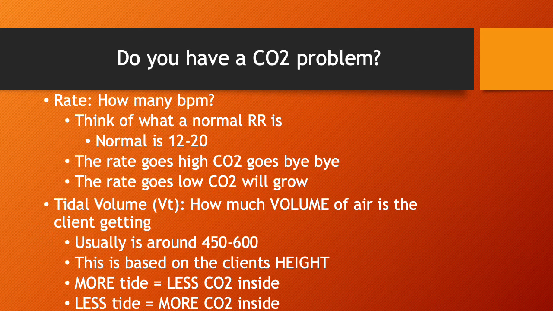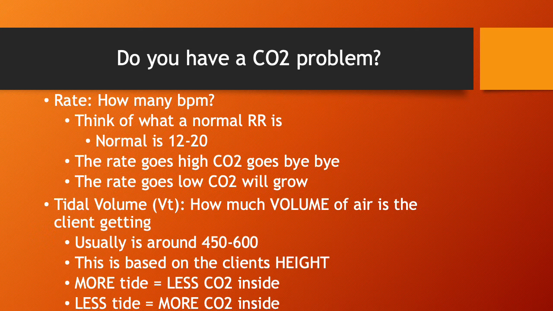However, if they're having a carbon dioxide problem, we can also change the tidal volume a little bit to try to help with some of that ventilation. Because again, if we have a CO2 problem, we have a ventilation problem. We're not getting the CO2 out, or we're getting too much out. So there's something going on there. In other words, if a patient is on high tidal volumes, they're going to have less carbon dioxide inside.